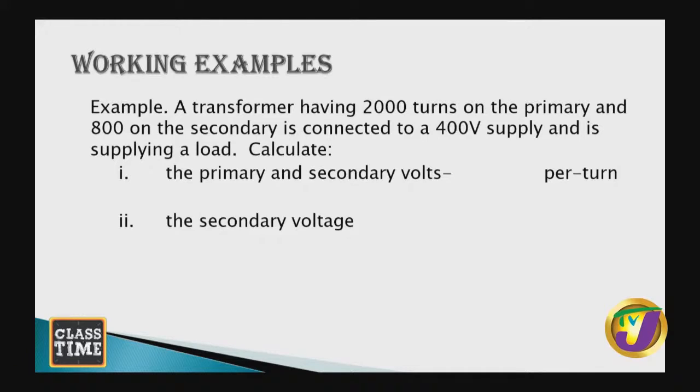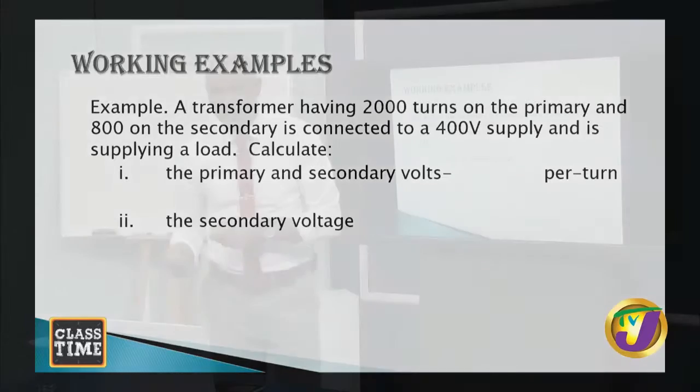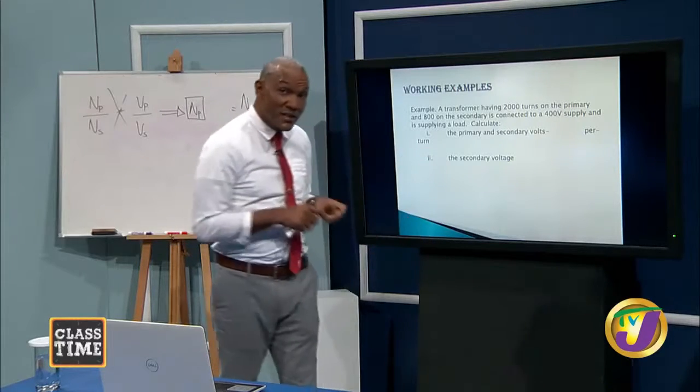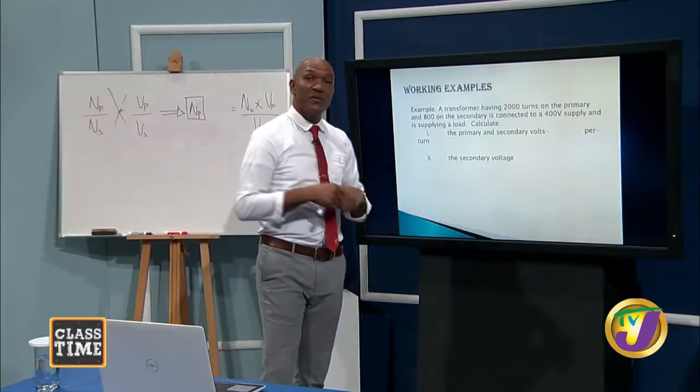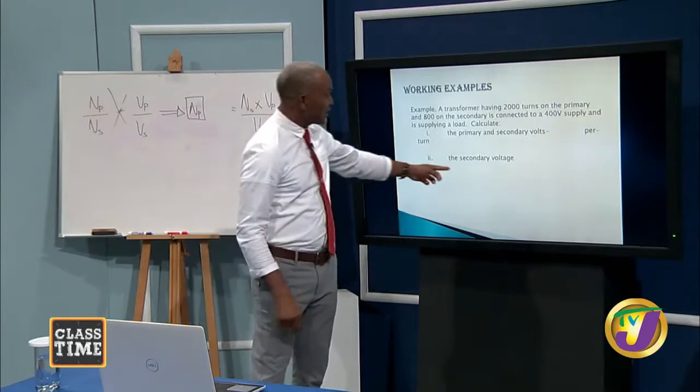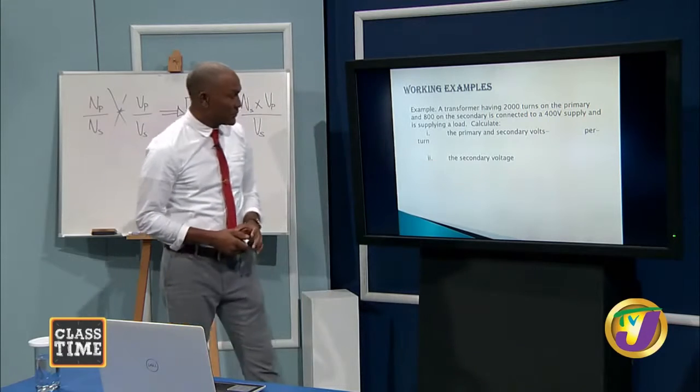What part of the transformer supplies? It is the secondary. Calculate the primary and secondary volts per turn. And remember I said the volts per turn for the primary is the same as the volts per turn for the secondary. So anything you get for the primary will be the same for your secondary. And also calculate your secondary voltage.